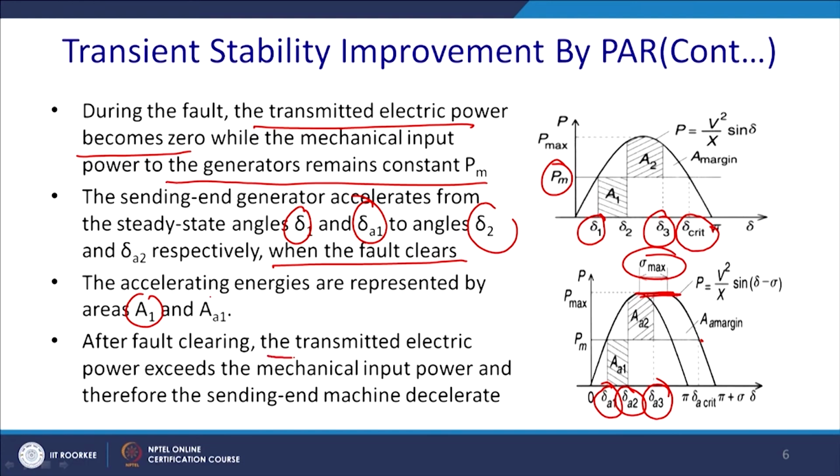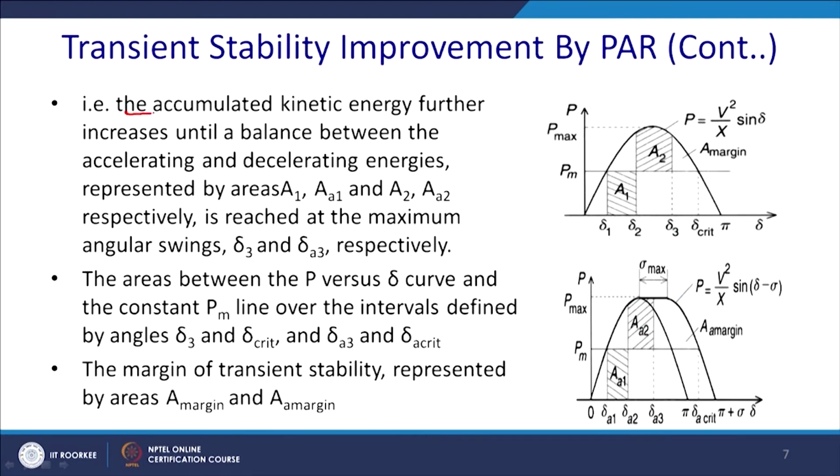After clearing the fault, the transmitted electric power exceeds the mechanical power, and therefore the sending end machine decelerates, and this is basically the deceleration area. That means the accumulated kinetic energy further increases until the balance between the accelerating and the decelerating energies, presented by A1 and AA1 and A2 and AA2 respectively, is reached at the maximum angle of swings delta 3 and delta A3 respectively.